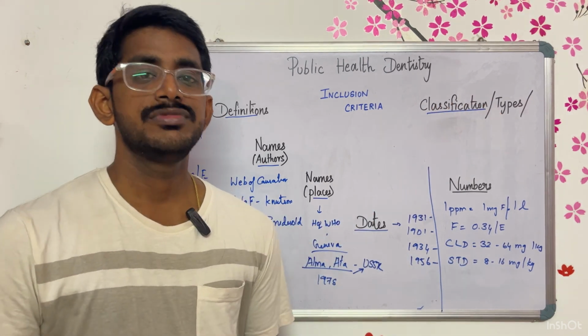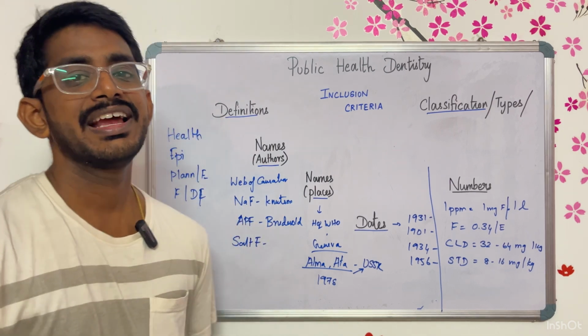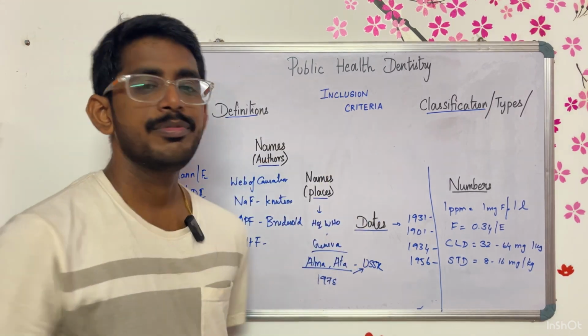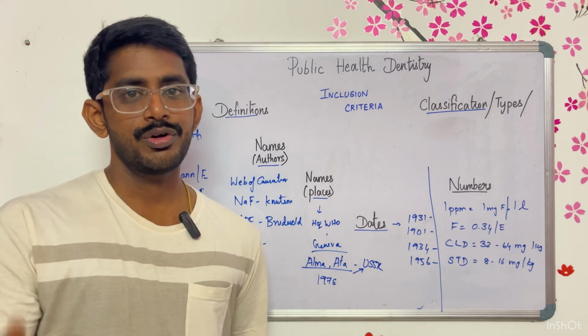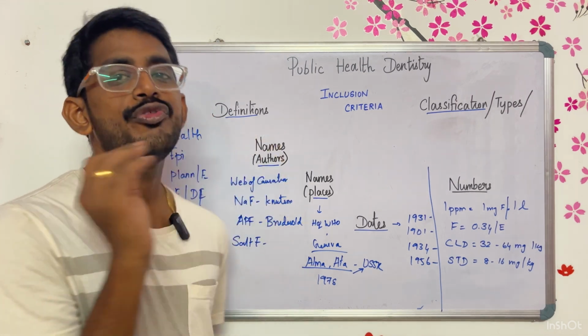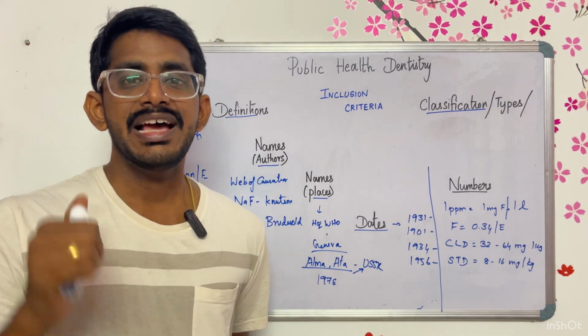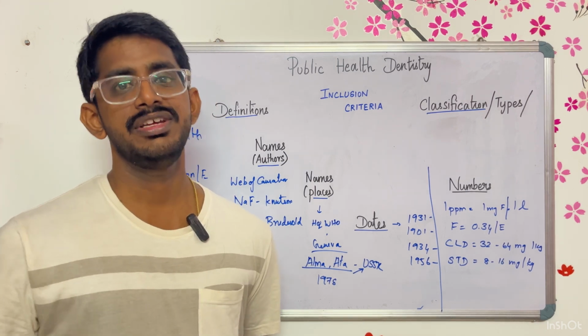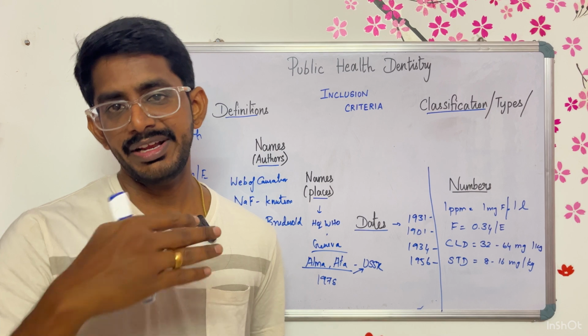Finally, coming to the last inclusion criteria, that is classification. To me, probably this is the most important, because in most of your questions, this could be a 5-mark question. Classify epidemiological studies, classify principles of epidemiology, classify principles of primary healthcare.